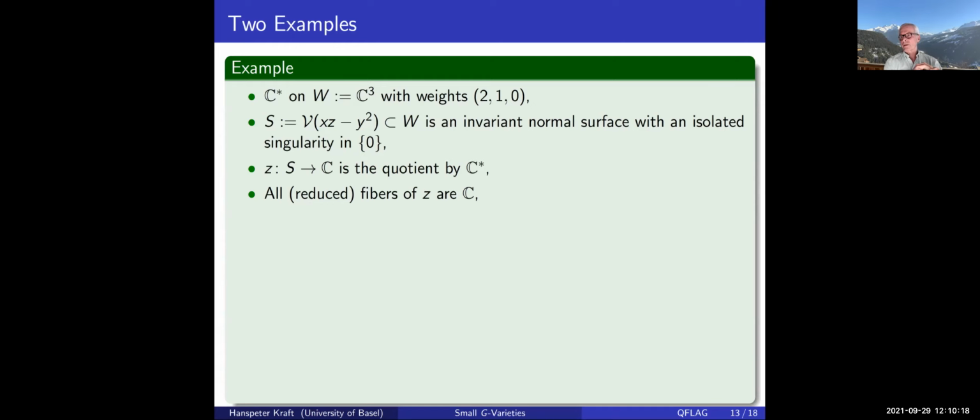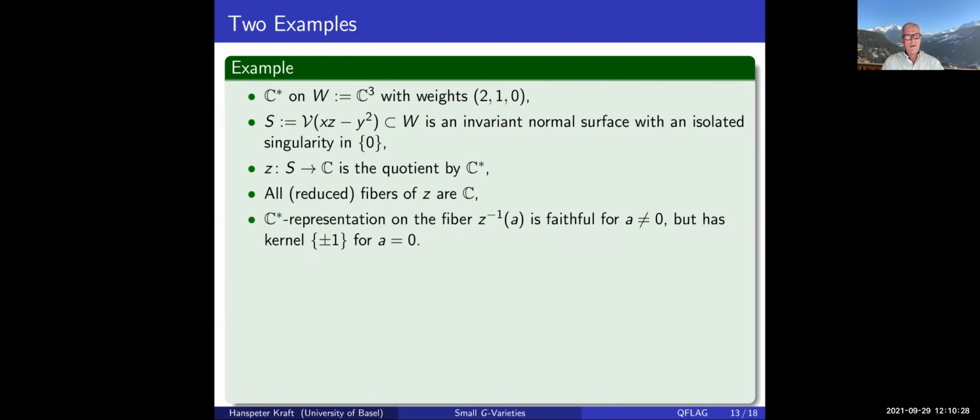This is not a principal bundle, and the reason is there is one fiber which is not reduced, but you don't see it. As if you look at the fibers, they are all C. But if we make now the corresponding construction, the interesting point is the C star representation on these fibers is faithful if A is not 0, but it has the kernel plus minus 1 for A equals 0. For this non-reduced fiber, the C star action is not the same as on the other ones.